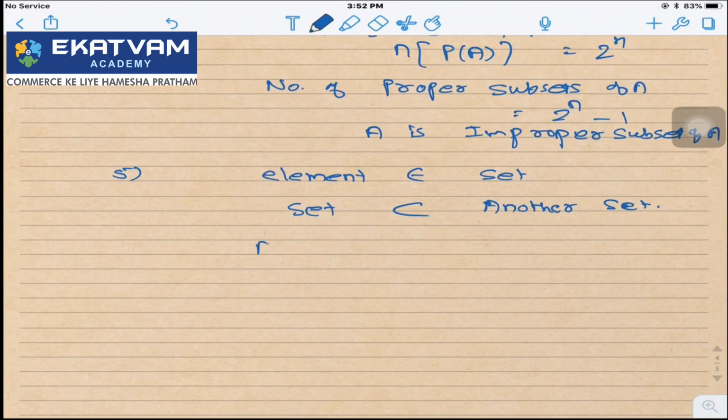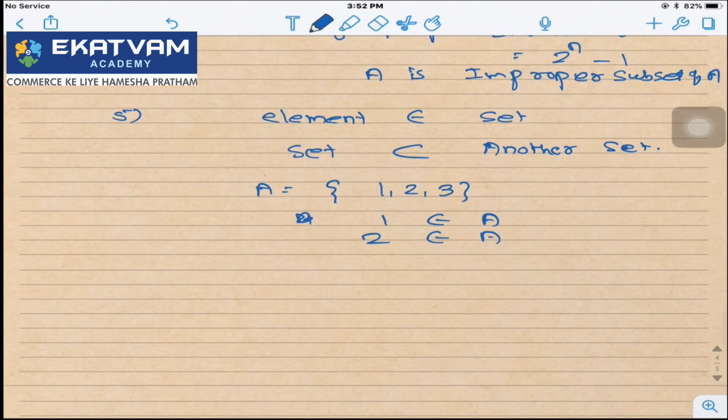For example, if I say A equal to {1, 2, 3}, then remember 1 belongs to A, 2 belongs to A. But set {1} is the subset of A. Set {1, 2} is the subset of A. Set belongs and element belongs and set is subset.